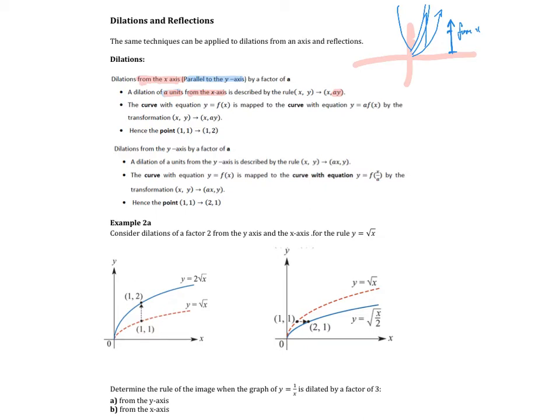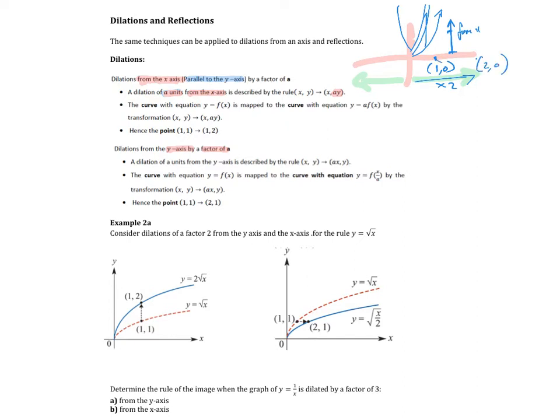A dilation of a factor A from the y-axis, if it's from the y-axis, it means that we're moving this way from the y-axis, and that's my x-coordinate that gets affected. So think that through. If this is the point 1, 0, and I move 2 times from the y-axis, well, it means this point becomes 2, 0.